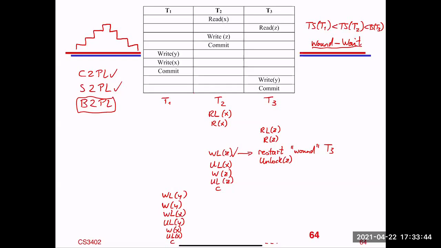So what would have happened if we had used the wait die rule? So we wouldn't have restarted T3, right?